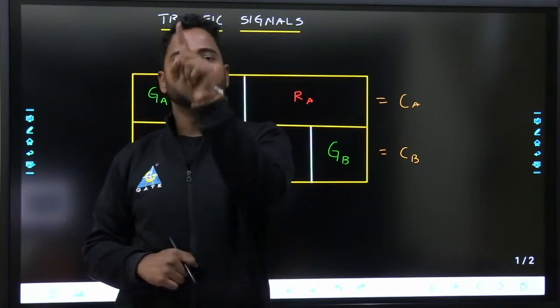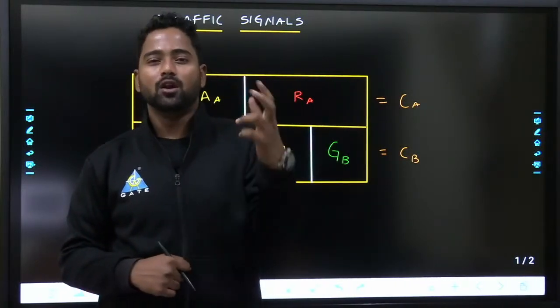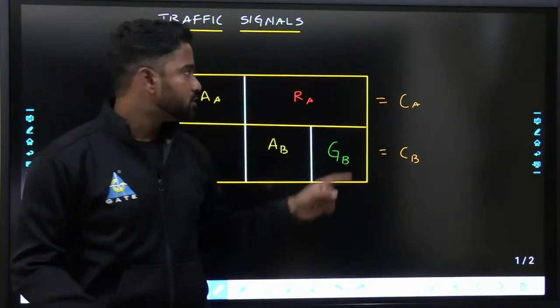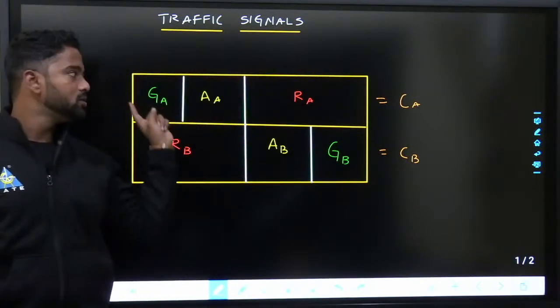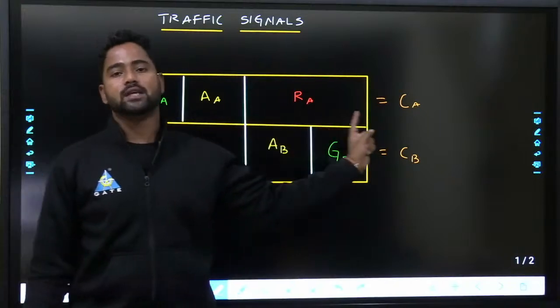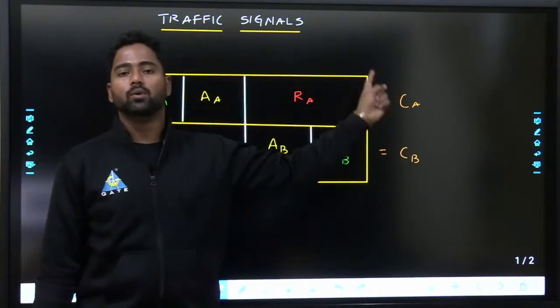Initially you will be shown green, and after that it will show amber color. Amber means yellow or orange, whatever that is. Next it will show red. This whole thing is called one cycle.